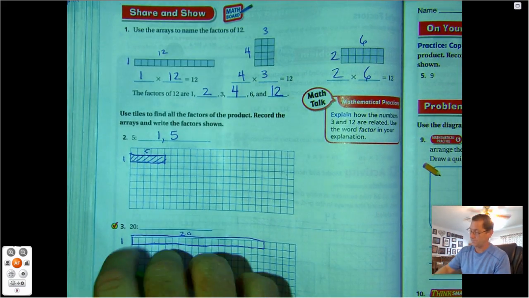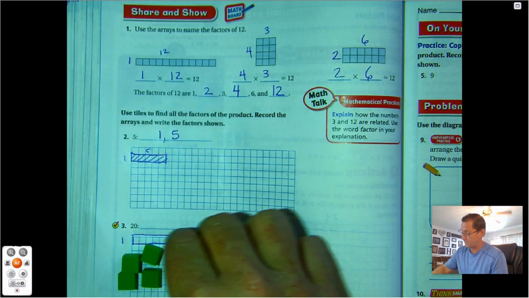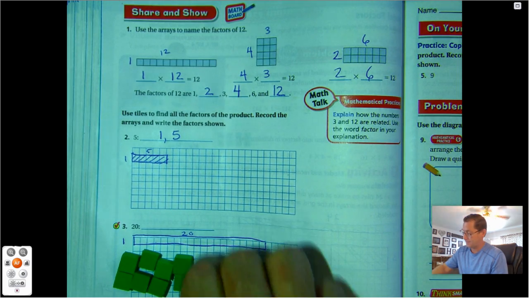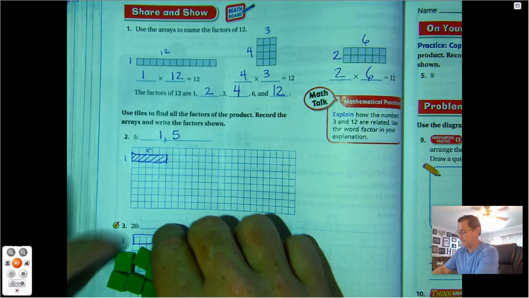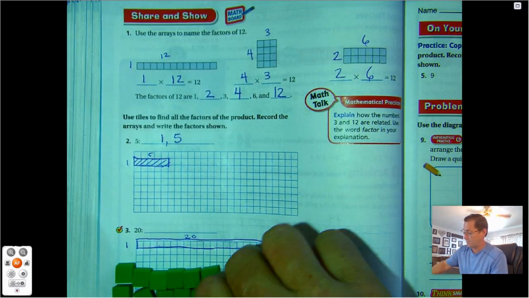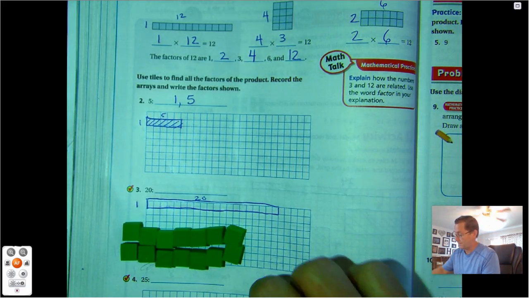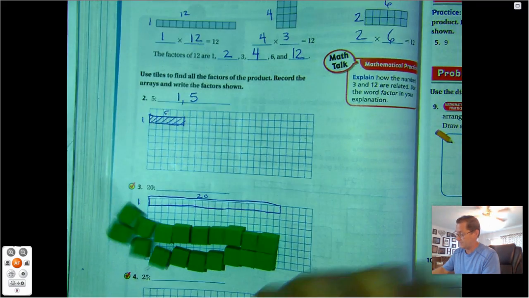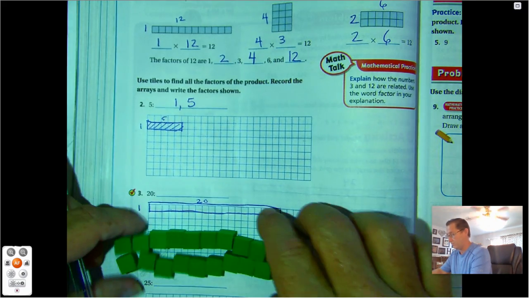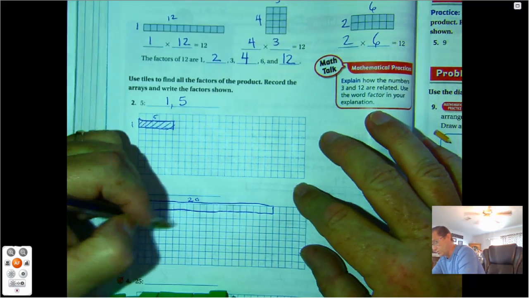Let's see. 2, 4, 6, 8, 10, 12, 14, 16, 18, 20, and I have nothing left over. So yes, we have 2 rows of what? 2 rows of 2, 4, 6, 8, 10. So 2 rows of 10.